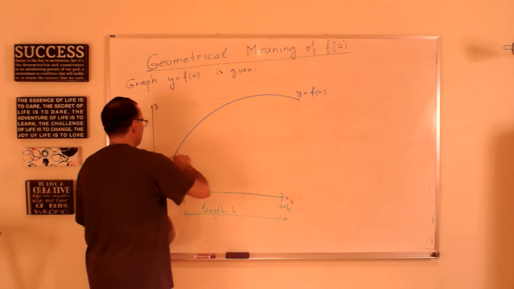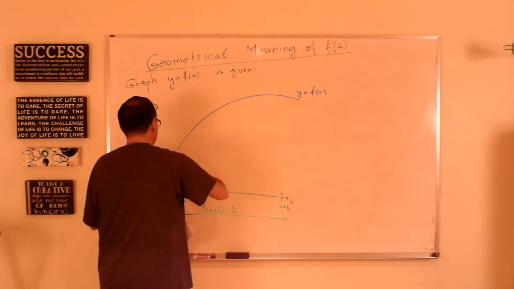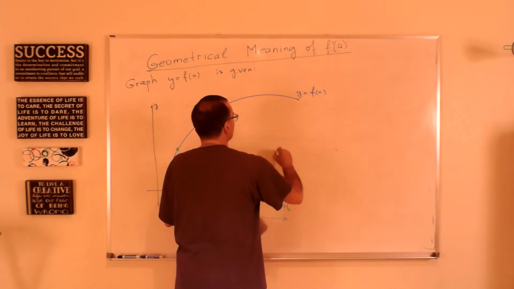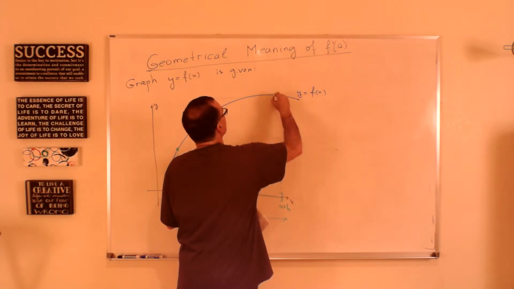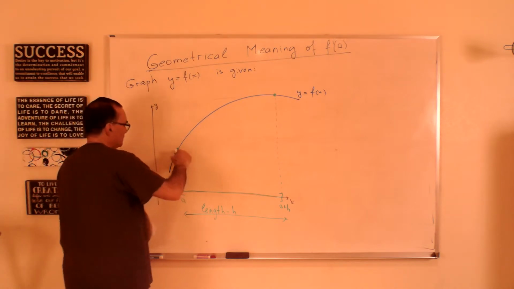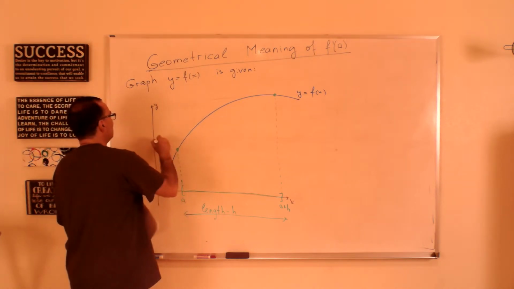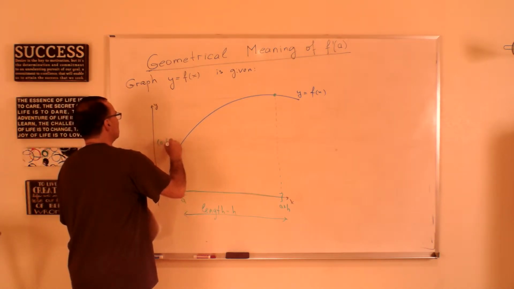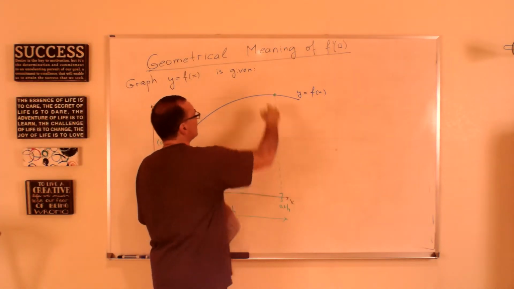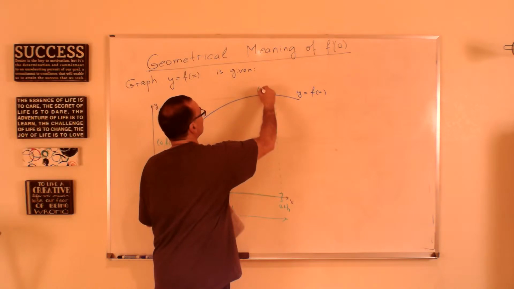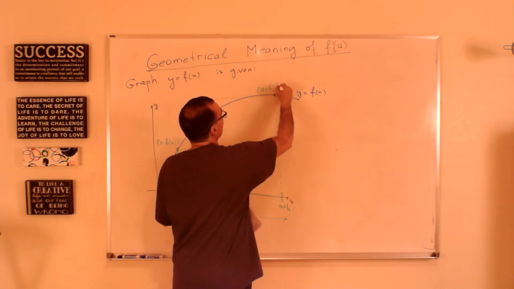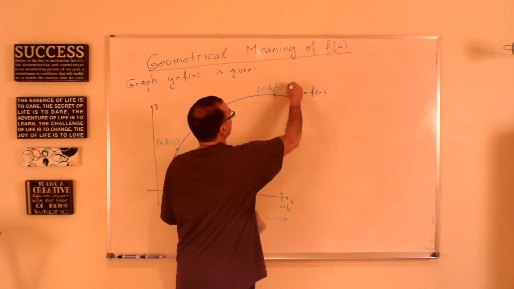So let me draw the corresponding secant line. So remember, we find the corresponding points on the graph. The coordinates of this point will be a, f of a. And the coordinates of this point, instead of saying b, f of b, I have to put a plus h, because this is my new b, and then f of a plus h.